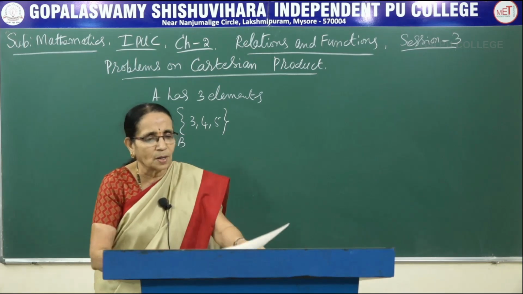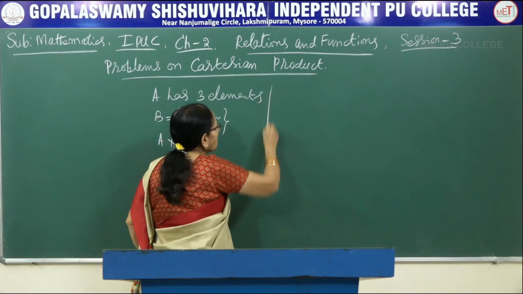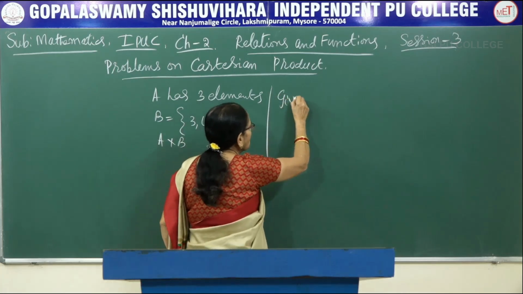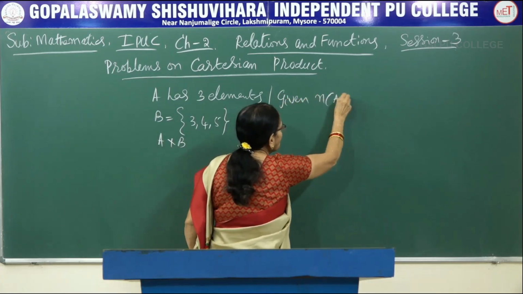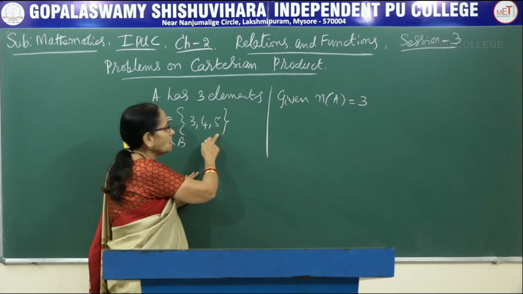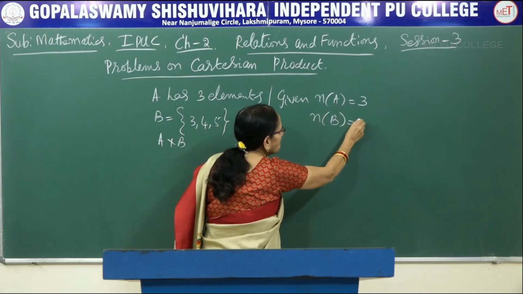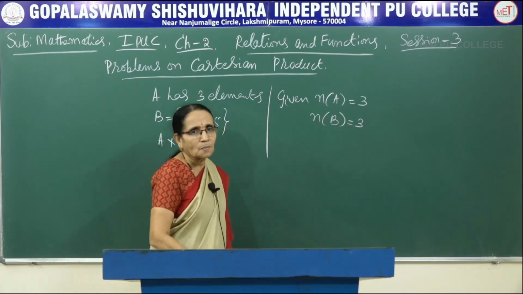So how do you write that one? You use the usual formula. n of A is equal to 3, directly it has been given. And there are 3 elements in B also, and n of B is also equal to 3.